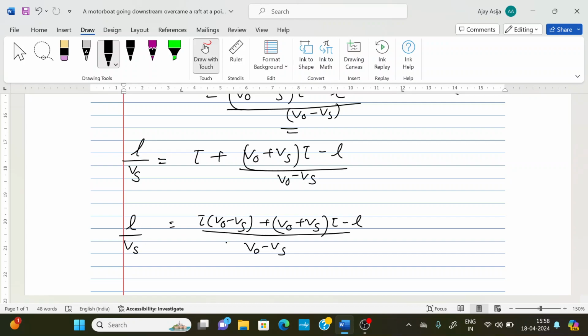Now we cross multiply L with V naught minus Vs, and Vs with this term.